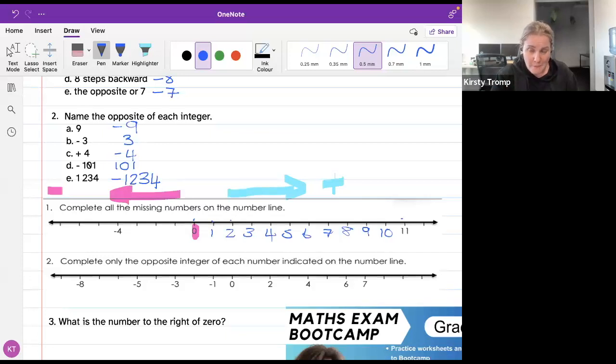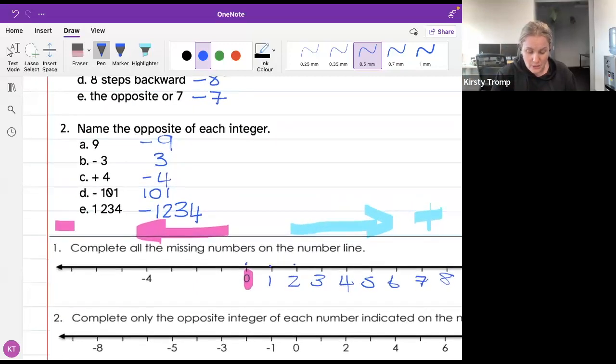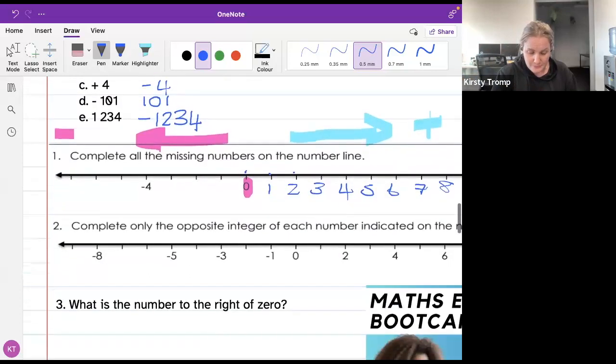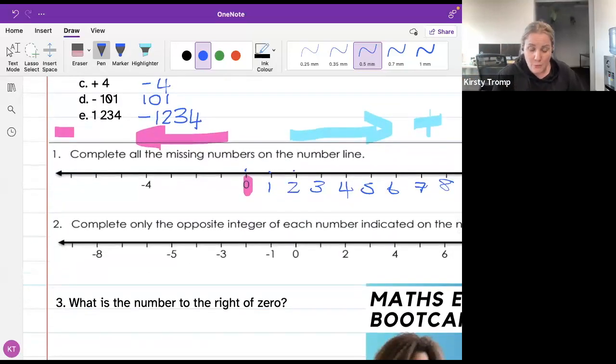Okay, remember that we need to do the opposite of what we did on the right side. So on the left side, we're going to do the opposites. Okay. So let's have a look if we do the opposites. All right. So if we had a look at 0, there was my 0.